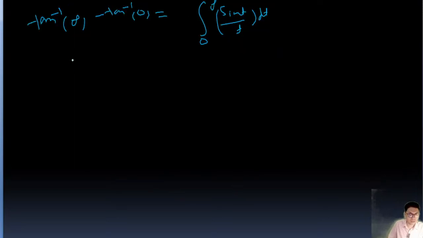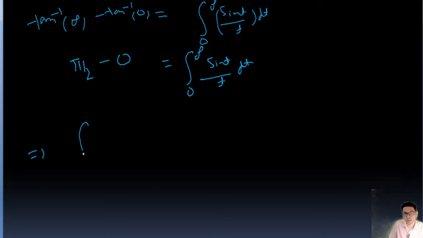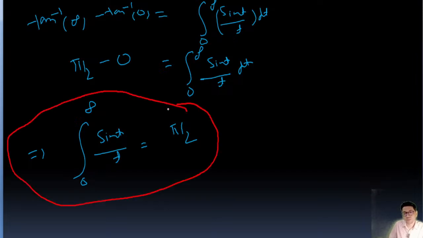The value of tan inverse infinity is pi by 2, and tan inverse 0 is 0, equal to integration 0 to infinity sin t upon t dt, right? So this implies that integration 0 to infinity sin t upon t dt is pi by 2. You should note this down and memorize this very important formula. Many integrations you can easily solve if you know this formula.